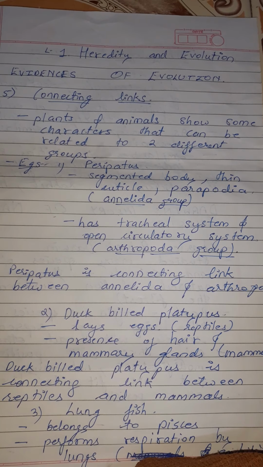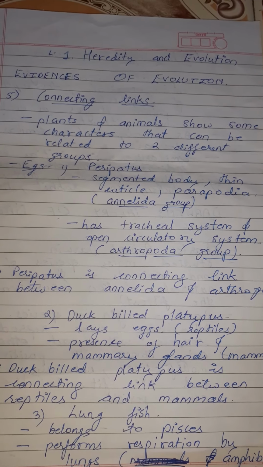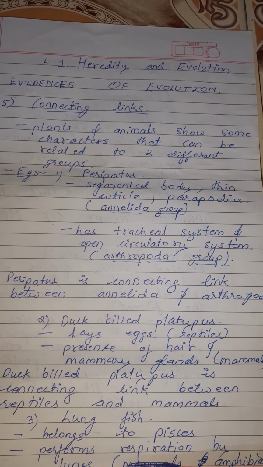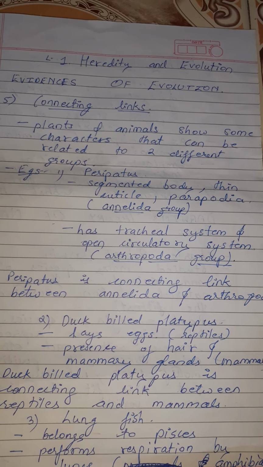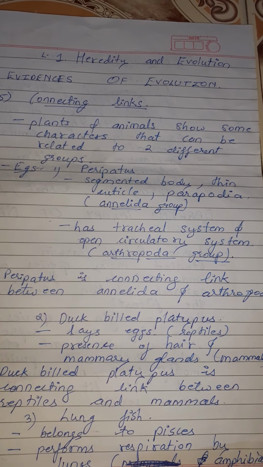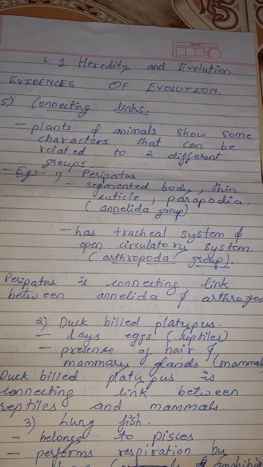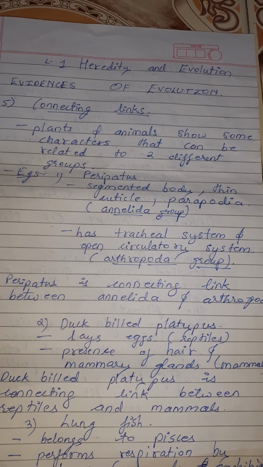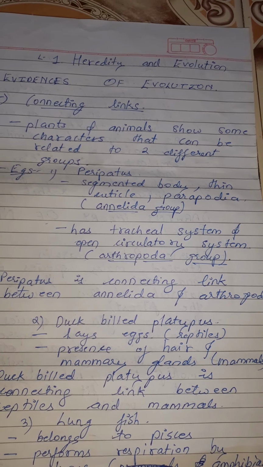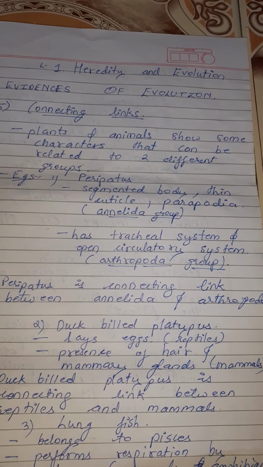And they have an open circulatory system. In our case, our circulatory system is closed. Our blood flows through our blood vessels, arteries and veins, so it is closed. Open circulatory system means they don't have separate arteries and veins or blood vessels. Their blood directly flows into their body.